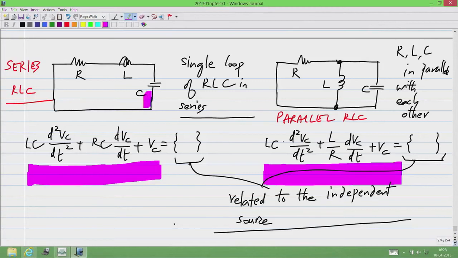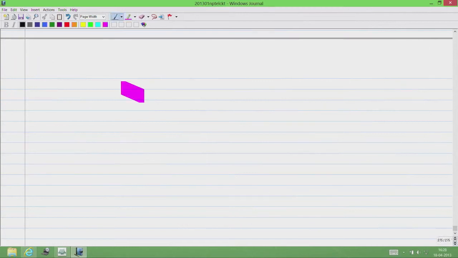So, if you recall, let us go back to the first order circuit. This is again an example RC, but it could be any first order circuit.